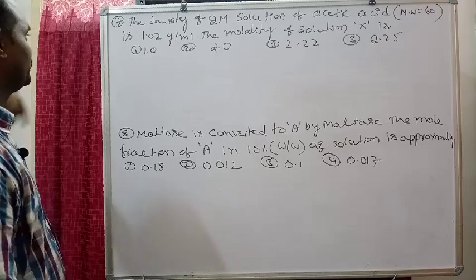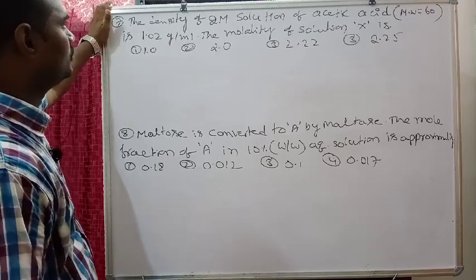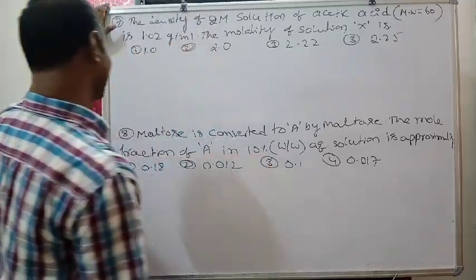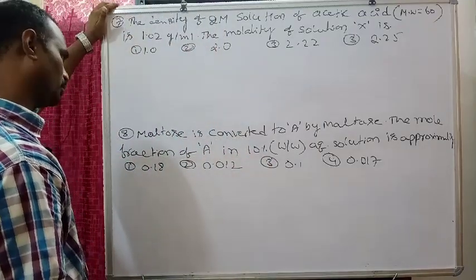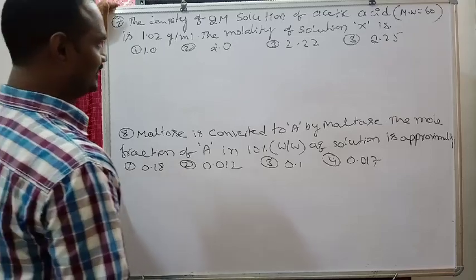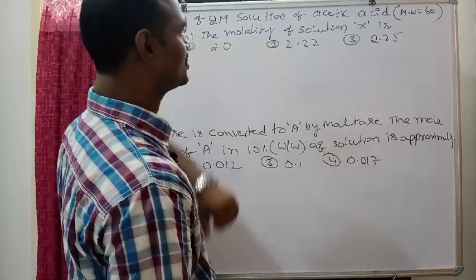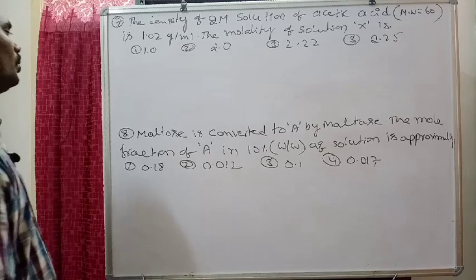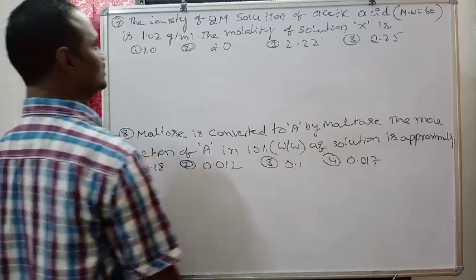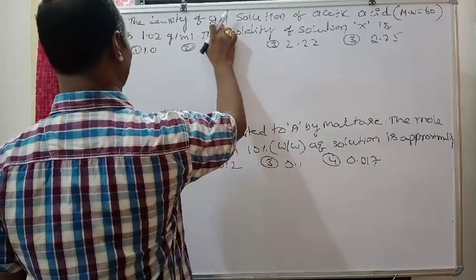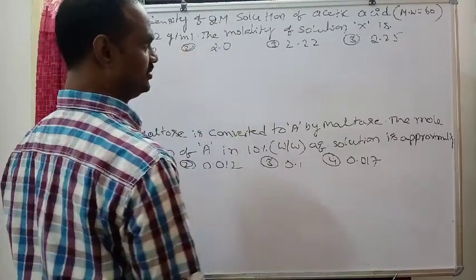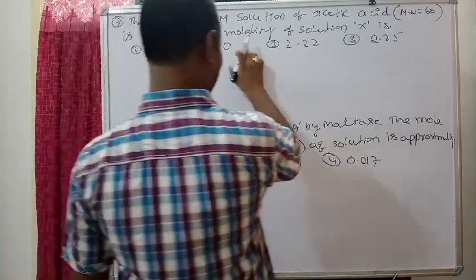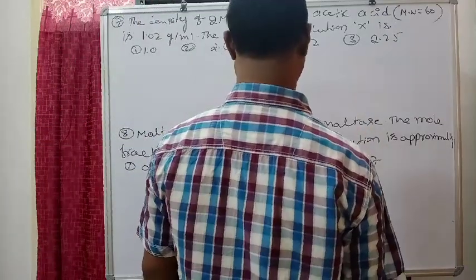Next problem. The density of a 2 molar solution of acetic acid is 1.02 gram per milliliter. Then the molality of the solution is? In this problem, molarity of solution, density of solution and molecular weight of solute are given, and they are asking for the molality.